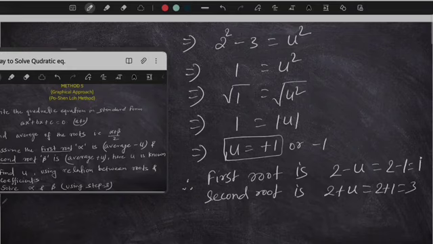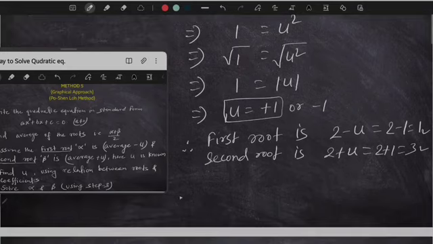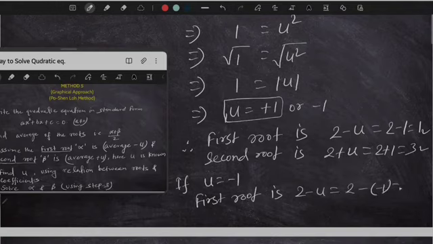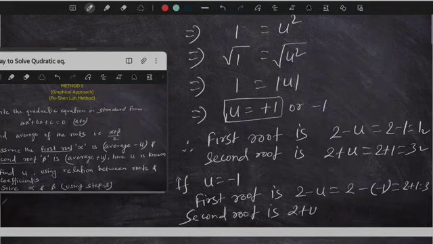So again 1 and 3 is the answer. If u is negative 1, the first root is 2 minus u, that is 2 plus 1, that is 3, and the second root is 2 plus u, that is 2 plus negative 1, which is 2 minus 1 is 1. Again 3 and 1 is the answer.